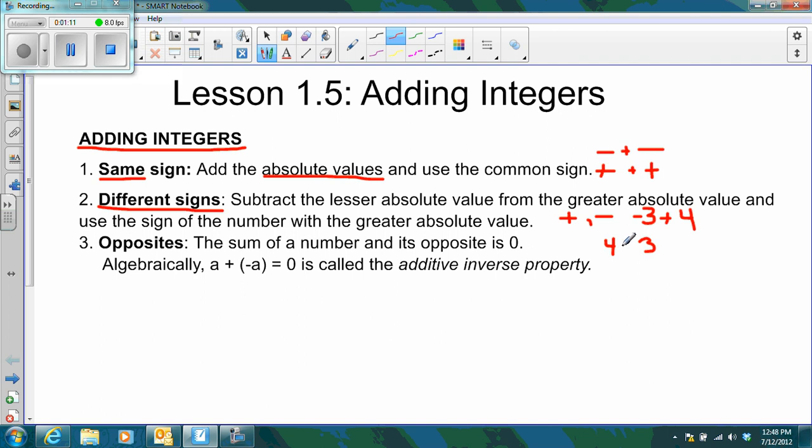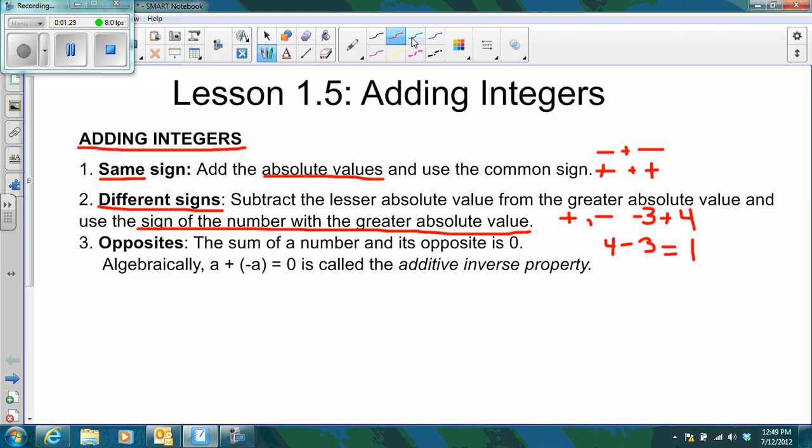So you do 4 minus 3, and then use the sign of the number with the greater absolute value. So 4 has a greater absolute value than 3. So it's going to equal 1, and it's a positive 1 because 4 is positive.